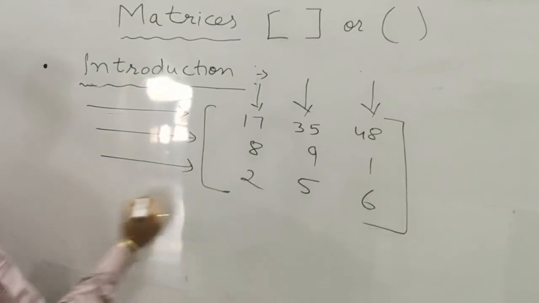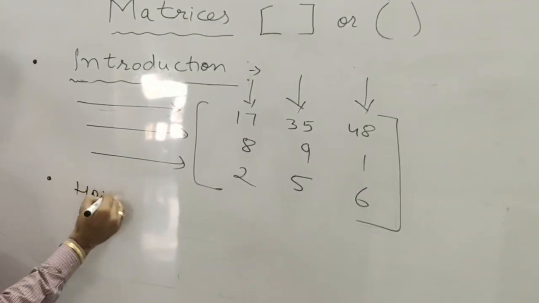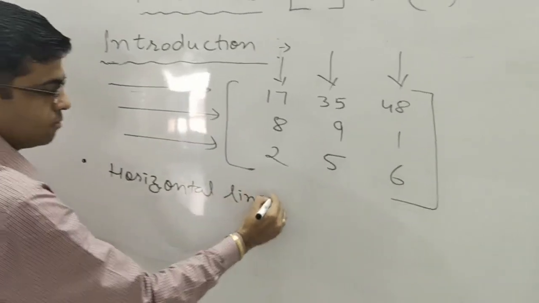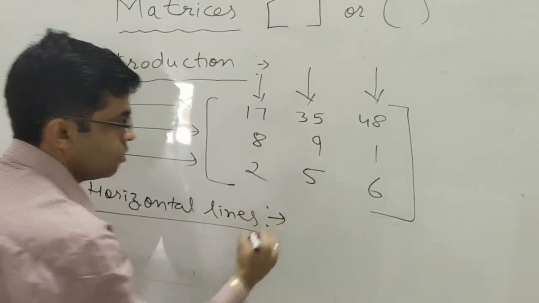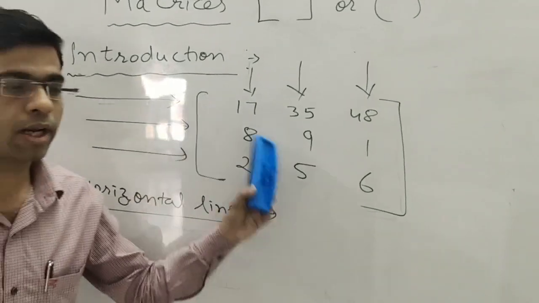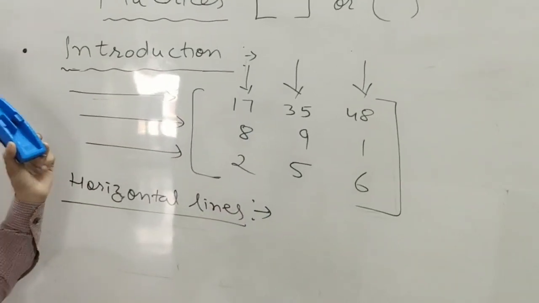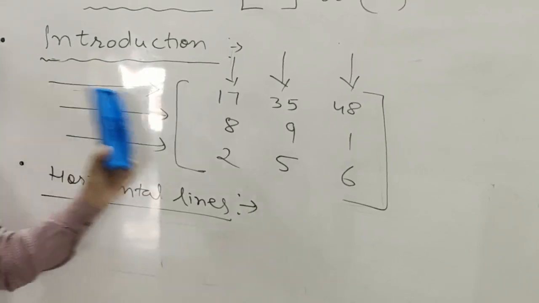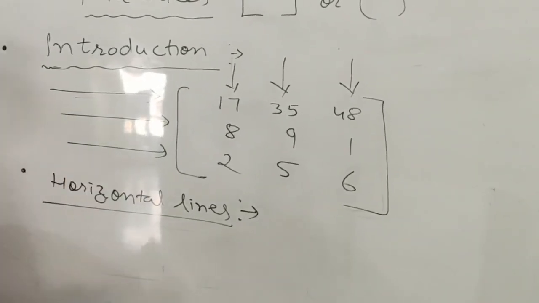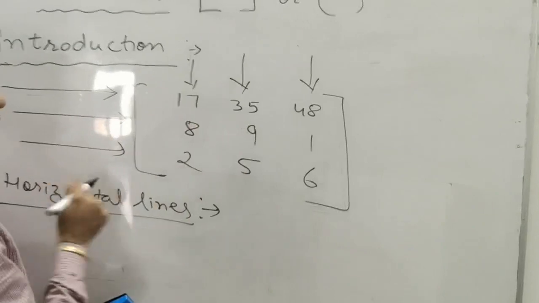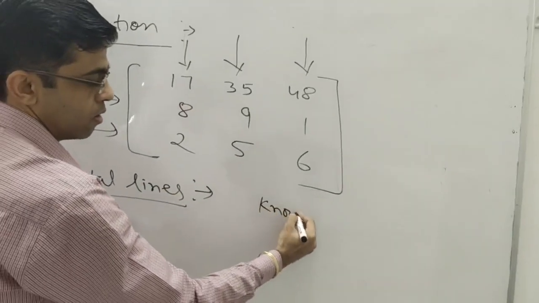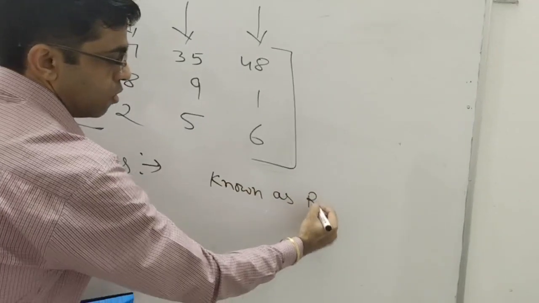Now, what are horizontal lines? The numbers representing from left to right in a horizontal line, the numbers written in this matrix according to horizontal lines, are known as rows.